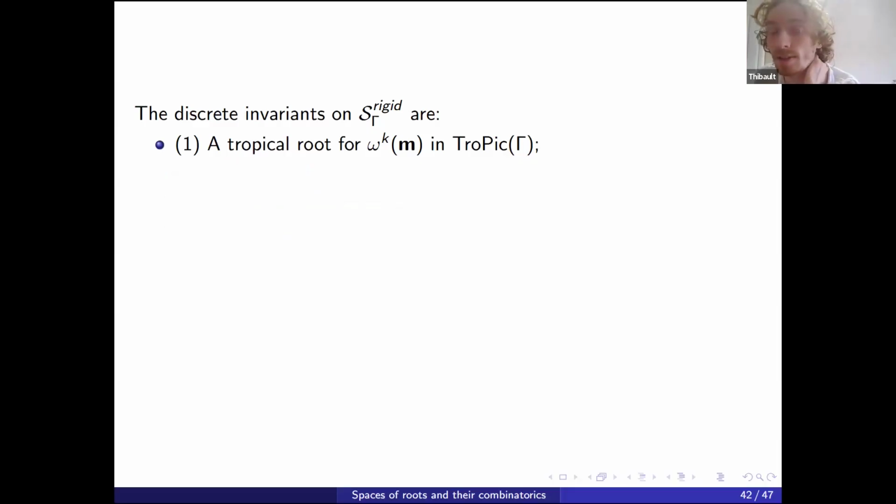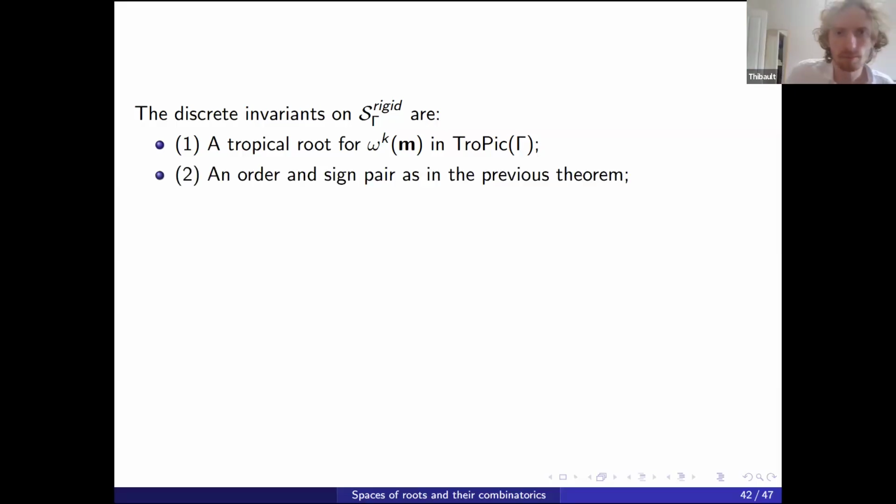Sorry, the tropical Picard group is not discrete, but the set of roots of omega to the k of m in the tropical Picard group is definitely discrete. It's just a copy of Z mod r to the first Betti number of the graph, as we saw before. So that's the first discrete invariant.